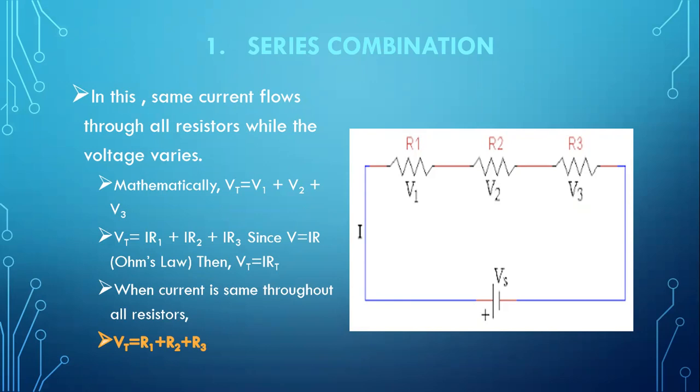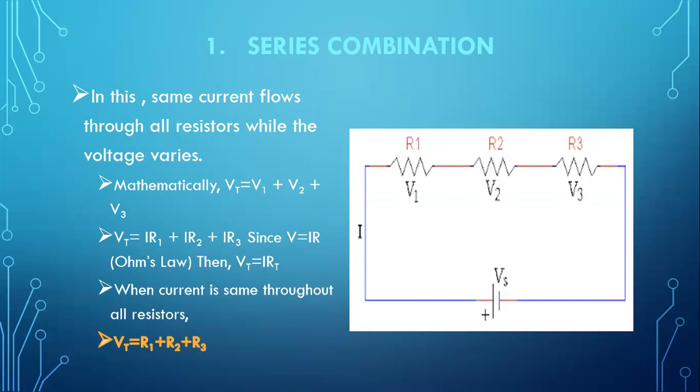Now mathematically, since the voltage varies, to get the total voltage, voltage total will be equal to voltage 1 plus voltage 2 plus voltage 3. This means that you're trying to collect the voltage from resistor 1, resistor 2, and resistor 3.